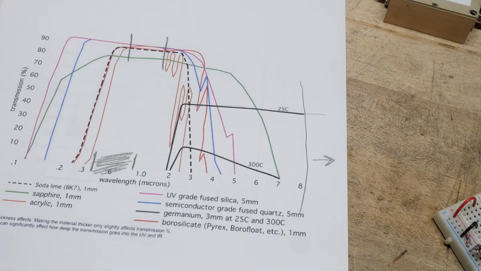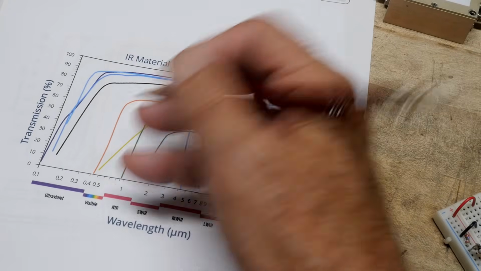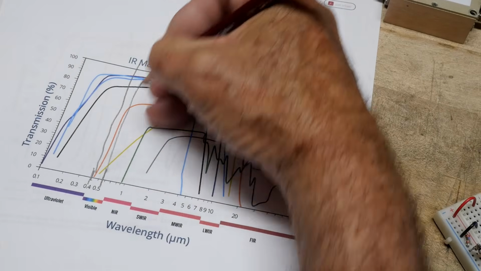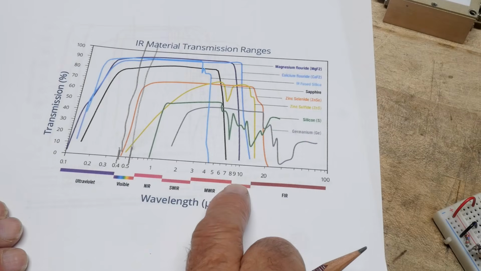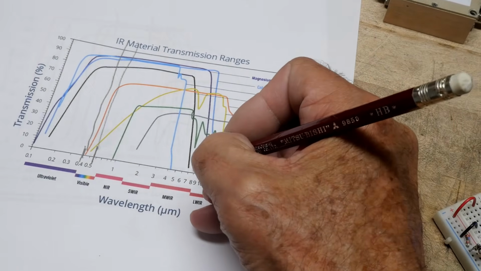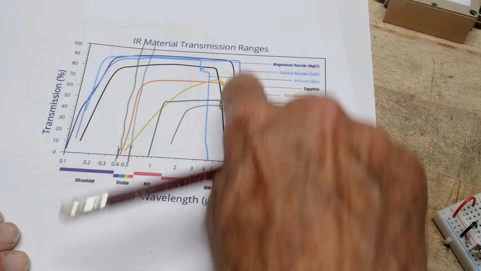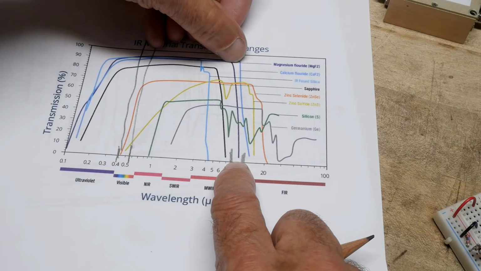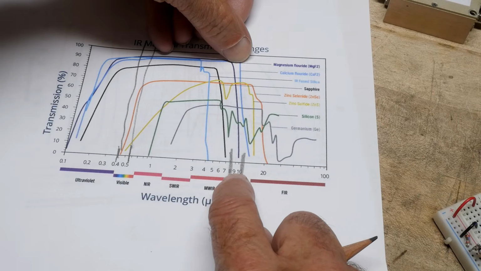All right. Let's look at a different graph. Here's the same graph. It's got a lot of those same things. And once again, humans see between about here and here. Okay, so this is kind of the normal range here. So some things are working out here, but this one's looking at much, much longer wavelengths. So what are we interested in? We're interested in about 8 to there. Okay, so what's really good there? Well, these kind of work. Magnesium fluoride, calcium fluoride, they kind of die though.